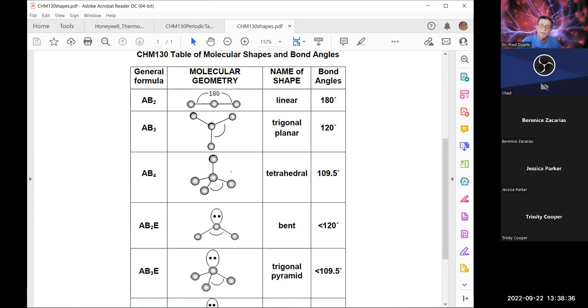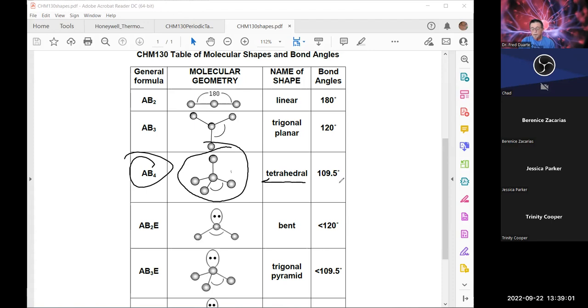And from that information, once we determine what the general formula is, then we know the molecular geometry, which is a three-dimensional picture of the AB4 general formula, which has a specific name for it, okay?